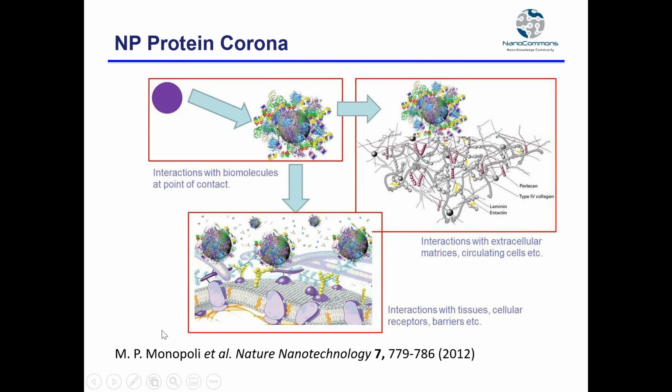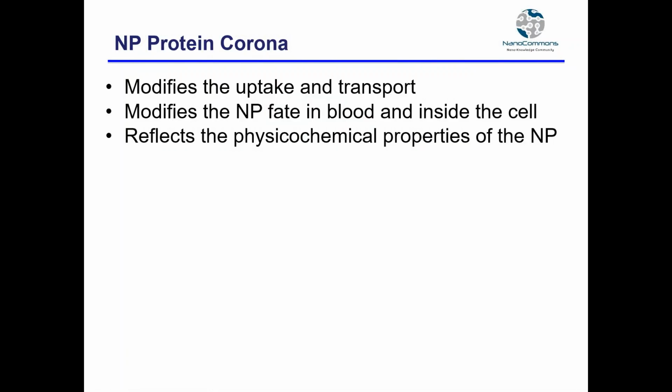So in this schematic diagram taken from Ken Dawson's group picture, so you see these main stages of the process. Particle gets enveloped with the proteins, and then those proteins basically mediate its interaction with the cell membrane and cell uptake and further fate. So these are the main things why we want to model the corona.